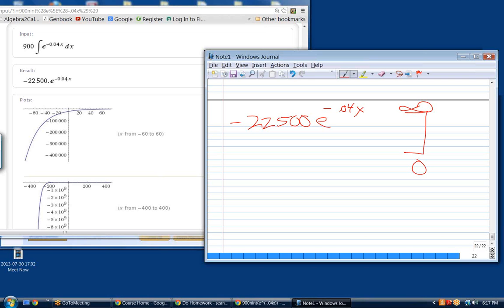Well, when I stick infinity in for x, what am I going to get? Remember, 0, because the e to the 0.04x is in the denominator. In other words, this is the same as this.